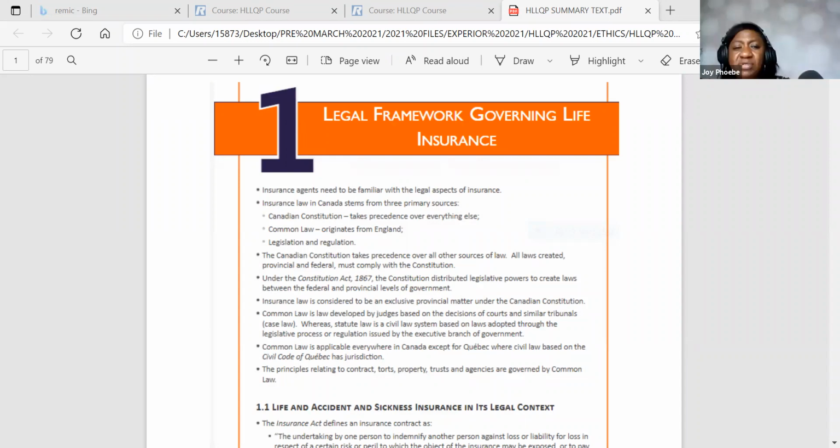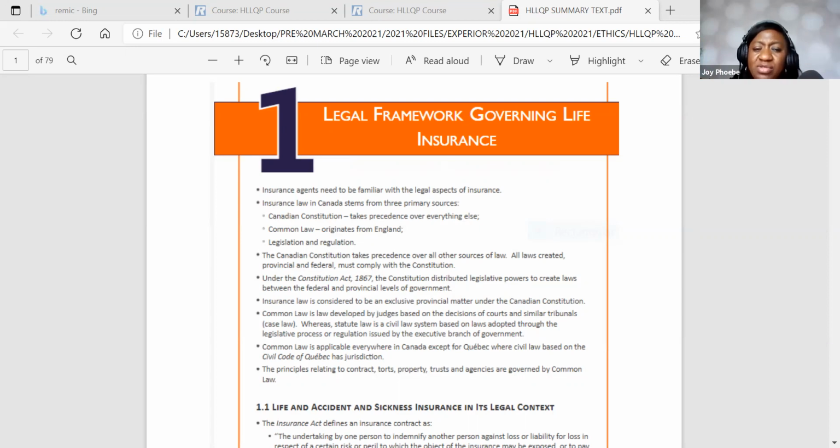For example, if you work for XYZ company, XYZ enters into the contract with the insurance company, so XYZ is the plan sponsor. The plan sponsor is also known as the group policy holder.